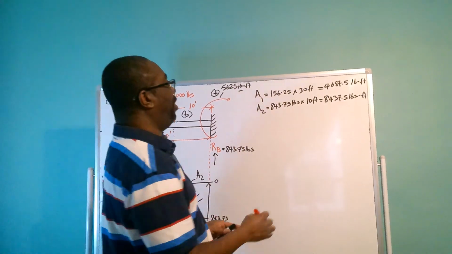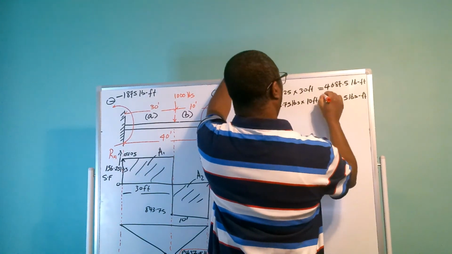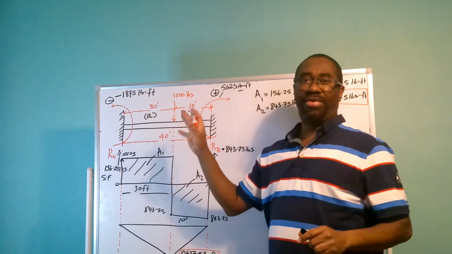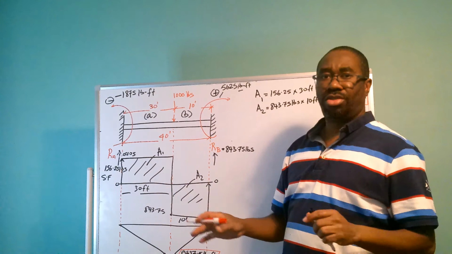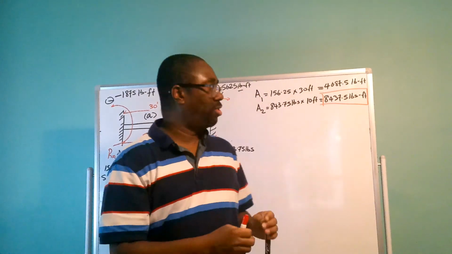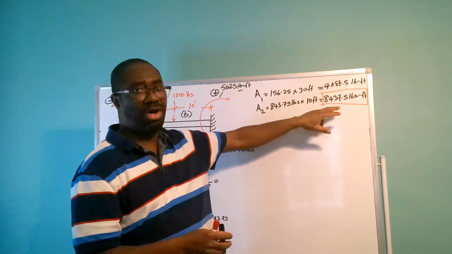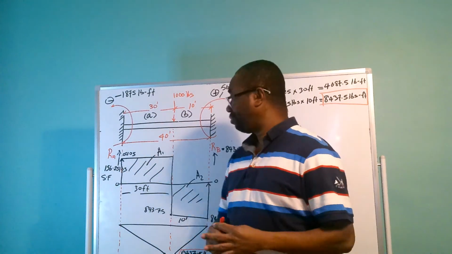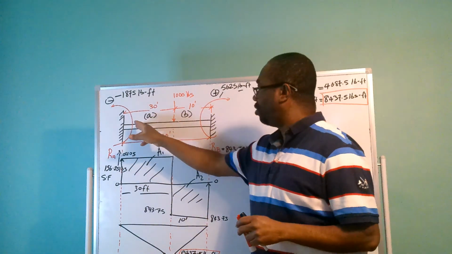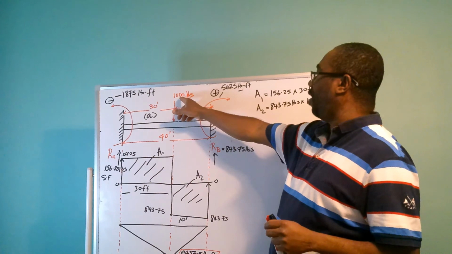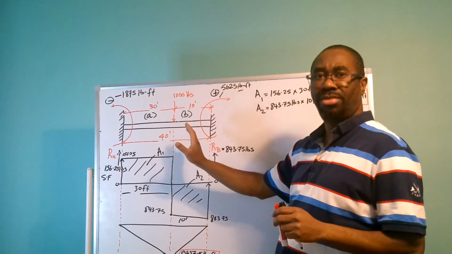So this is going to be our maximum bending moment for this fixed end beam. So to design this beam, the engineer is going to plug this in his formula to calculate the reinforcement to go into this fixed end beam to withstand the 1,000-pound load.